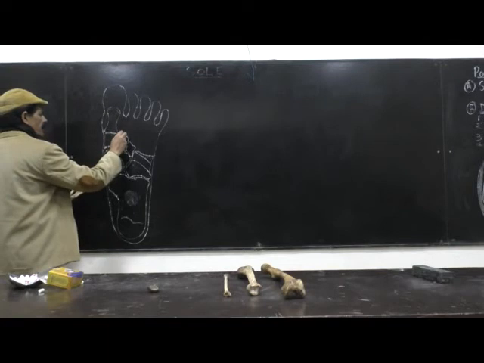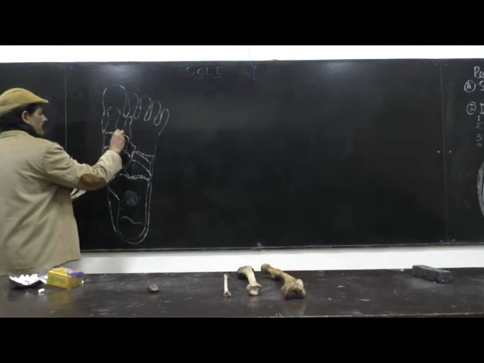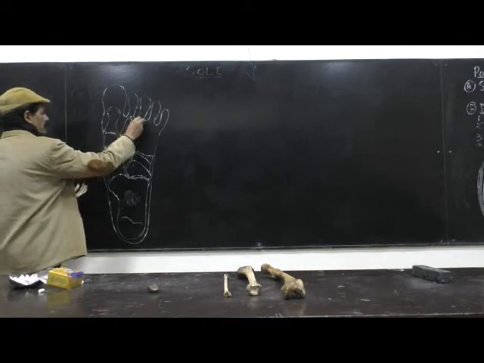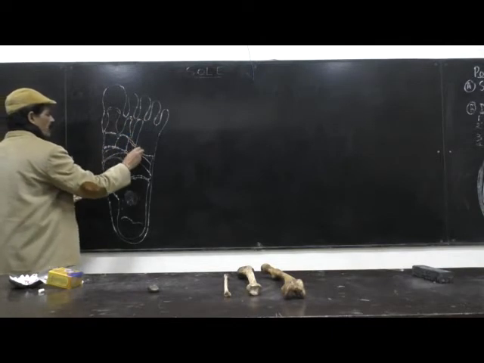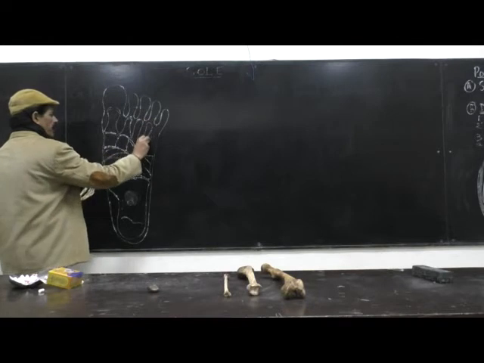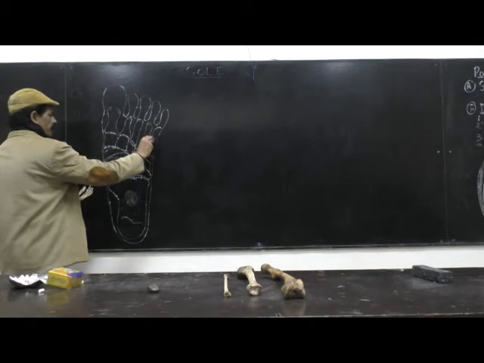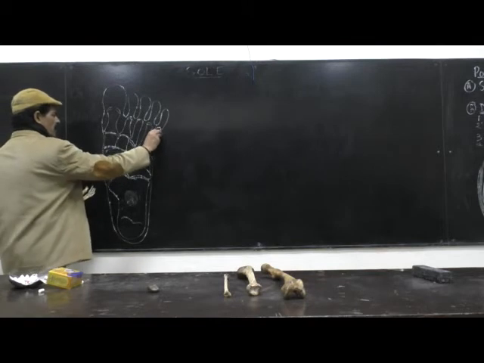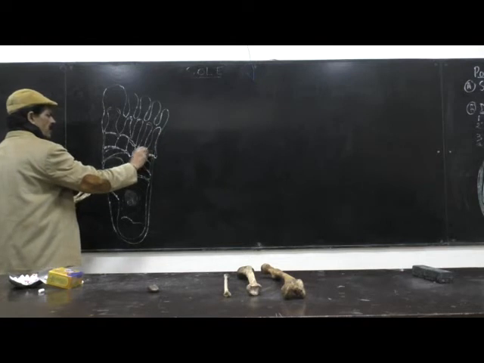Similarly, the intermediate cuneiform articulates with the second metatarsal, and the lateral with the third metatarsal, and the cuboid anteriorly articulates with the fourth and the fifth metatarsal. The fifth metatarsal, as we know, on its lateral side has a tuberosity, that is called the tuberosity of the fifth metatarsal.